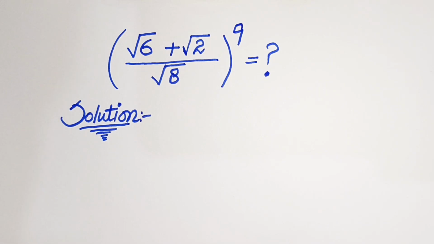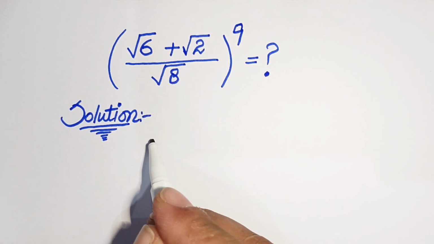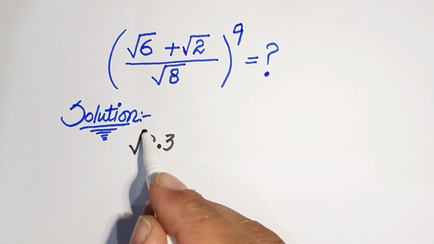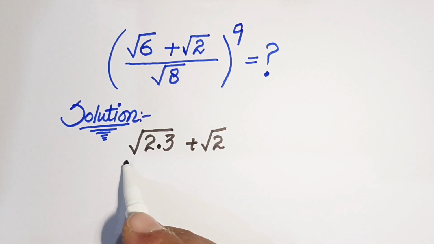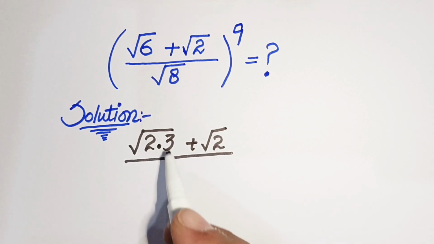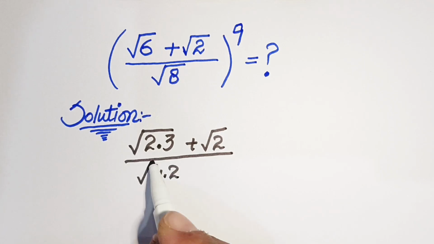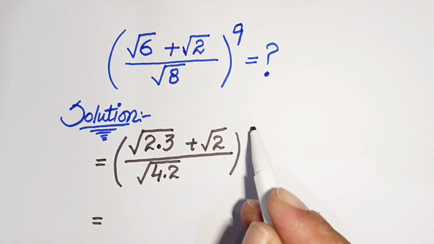Now starting our solution, first of all we are going to factorize this 6 and this 8 like this: square root of 2 times 3, which is equal to 6, plus square root of 2, all over square root of 8, which can be written as square root of 4 times 2. Now our next step is whole to the power 9.